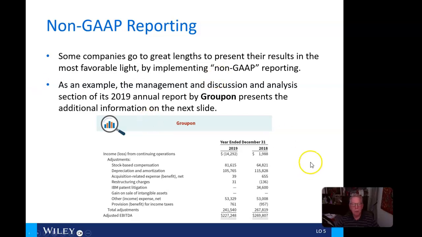So here it is, Groupon, and here's an adjusted, commonly used terminology here: earnings before interest, taxes, depreciation, and amortization. A quick method of computing cash.